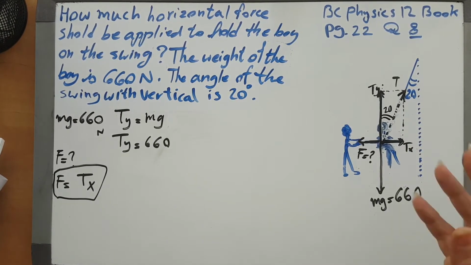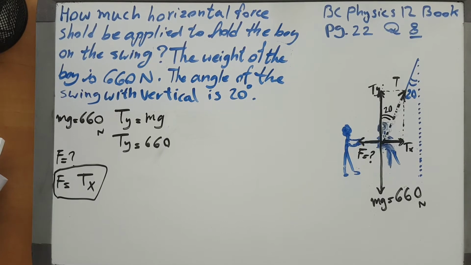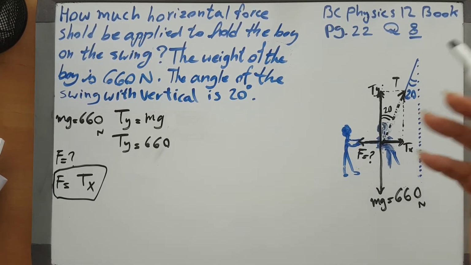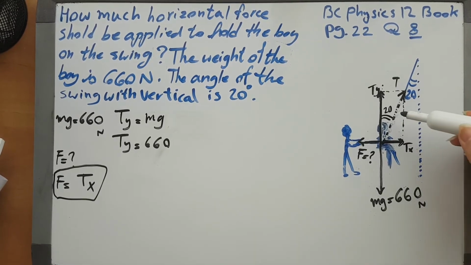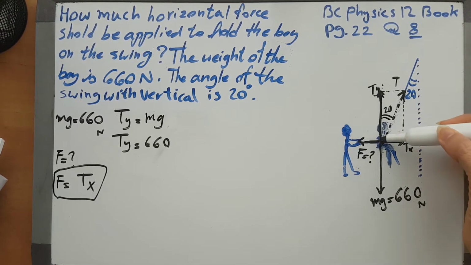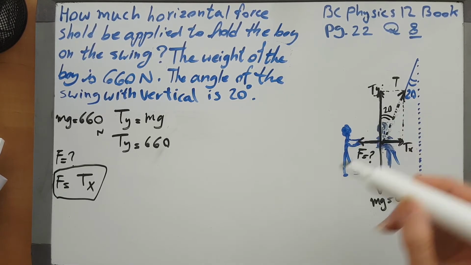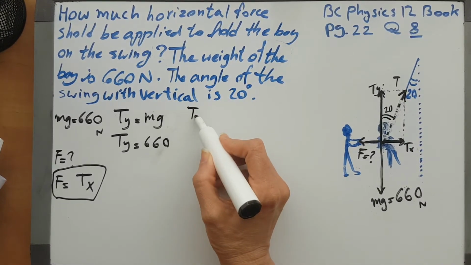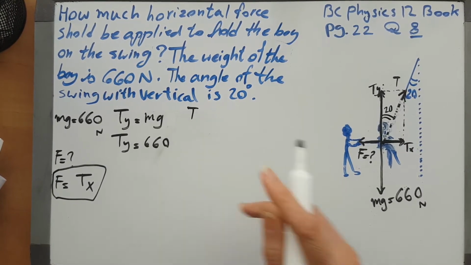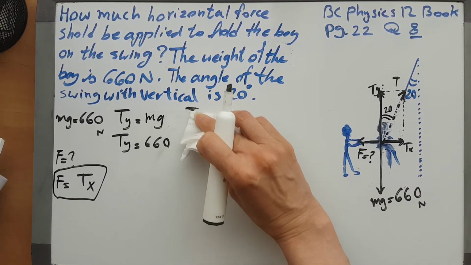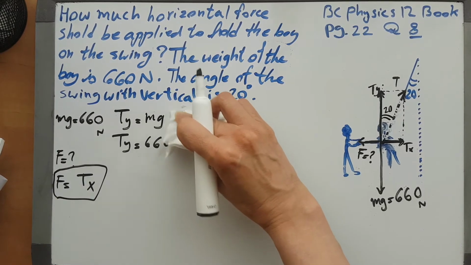Let's find the T. Let's play a little bit with trigonometry. I can do it another easier, quicker way too, but I prefer to play a little more trigonometry here. So I look at this triangle with the angle 20. The Ty is what I am trying to work with, because I already have it, and I want to find the T from it.